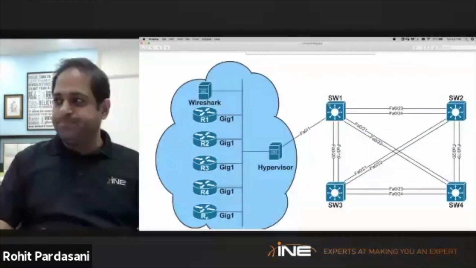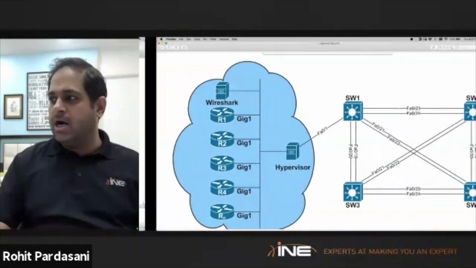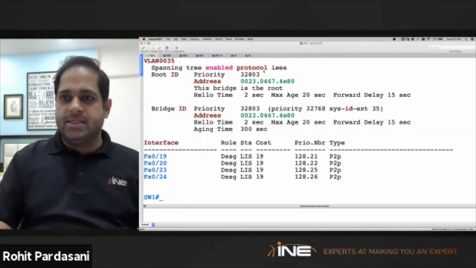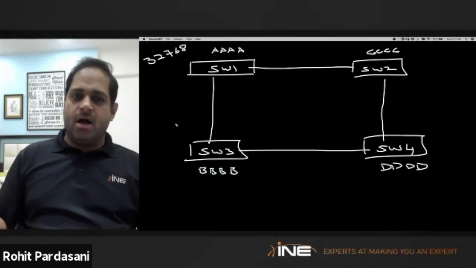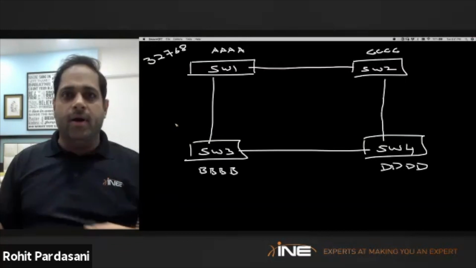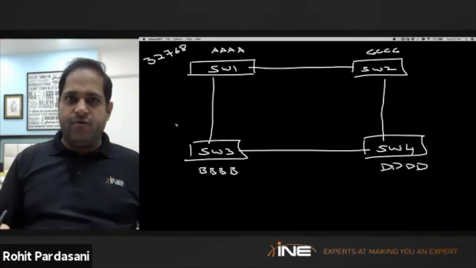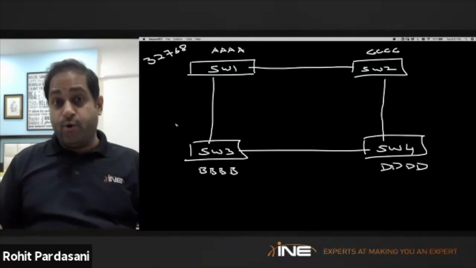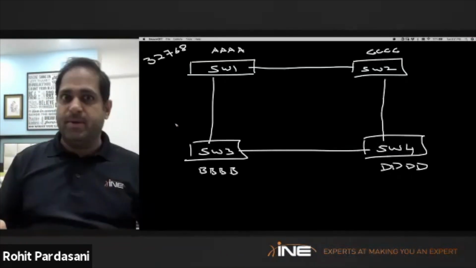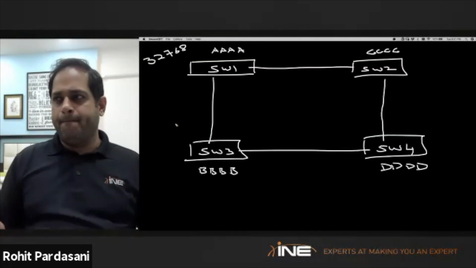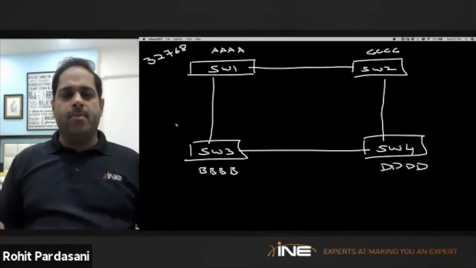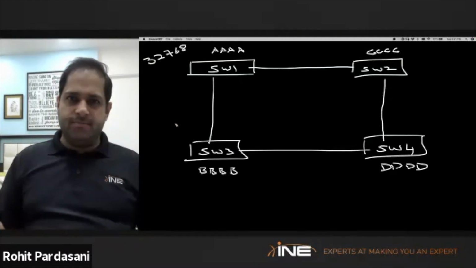Let's go back to our slide, to our example. So based on this diagram, the first thing spanning tree is going to do for a specific VLAN, and it's going to do the same thing for all VLANs individually, separately, because it's PVST, is elect a root bridge. Now, based on this diagram, who is going to be the root bridge?